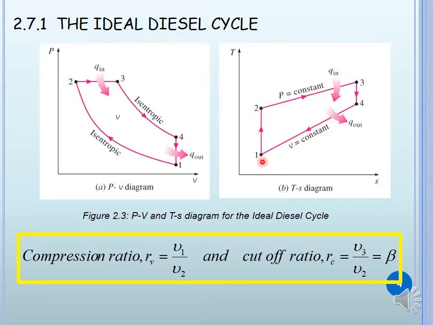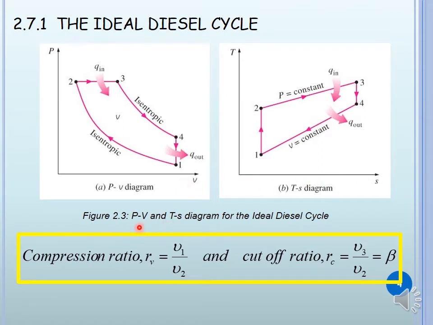So from state number 1 to state number 2, the entropy is the same, and therefore it is an isentropic process. It also goes to 3 and 4, where it is also an isentropic process, because the entropy is the same. So we can see clearly here in the TS diagram.